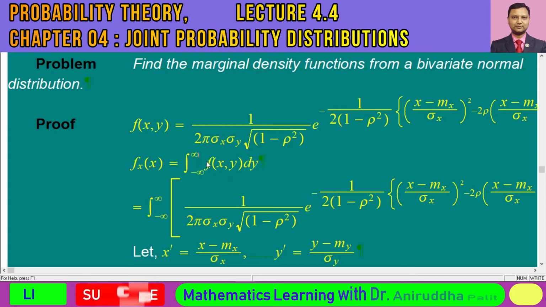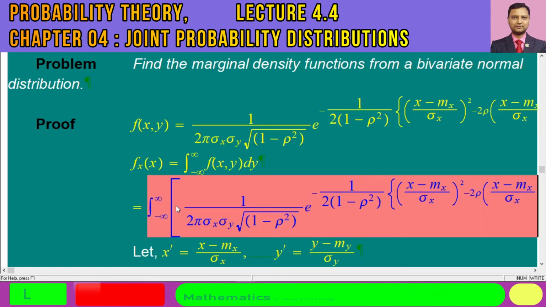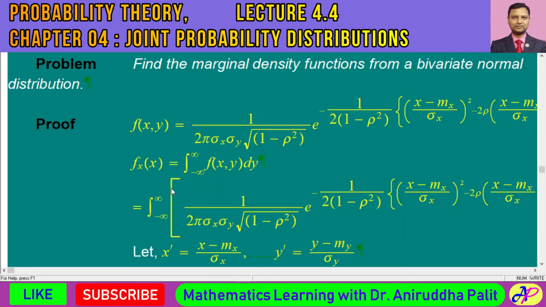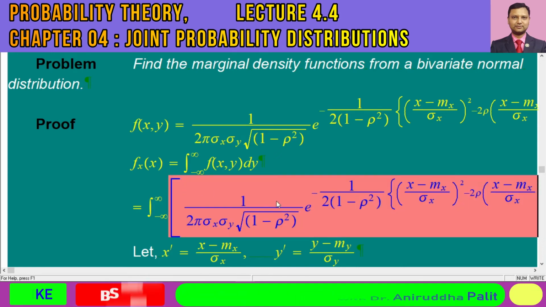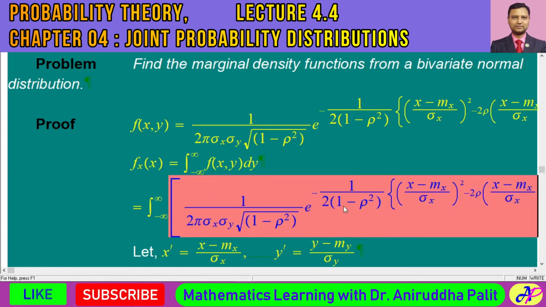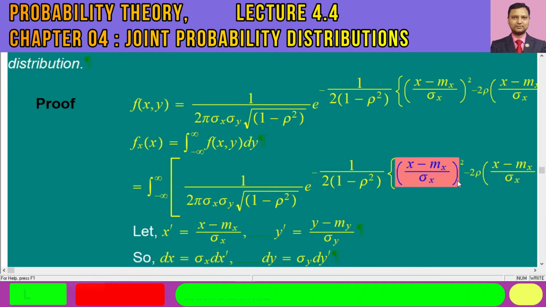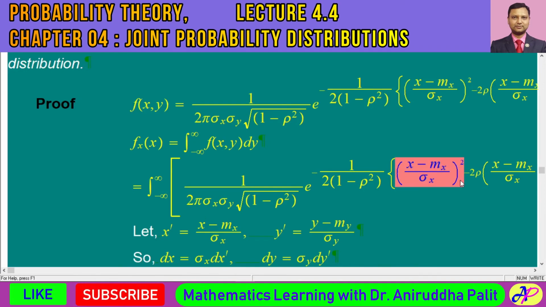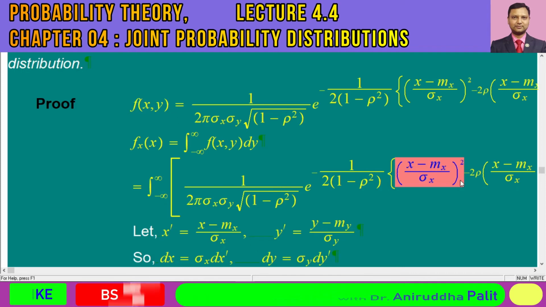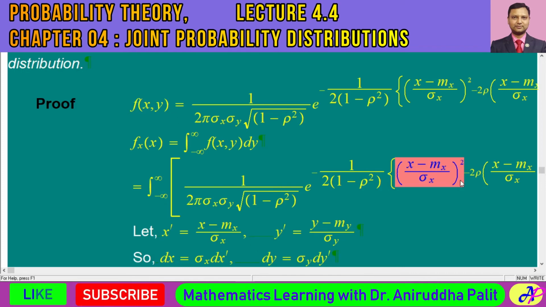So we put this large expression within the bracket, and this large expression will have to be integrated with respect to y. Mind it, the expression involving x will be treated as a constant quantity, or at best you can consider that x is treated as a parameter of the integration.